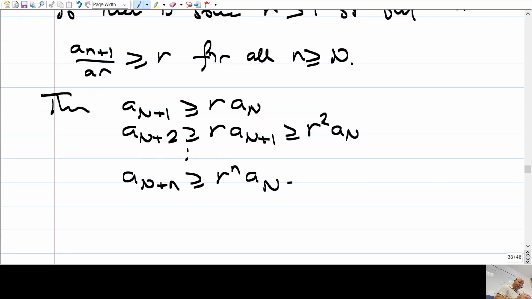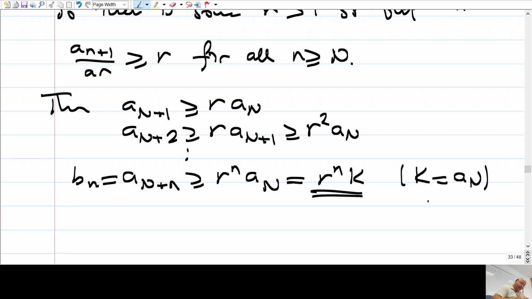But this time, although this is a geometric series, r is larger than 1. Let b_k be r to the power k times a_N. So b_k is larger than this term, and r is larger than 1.